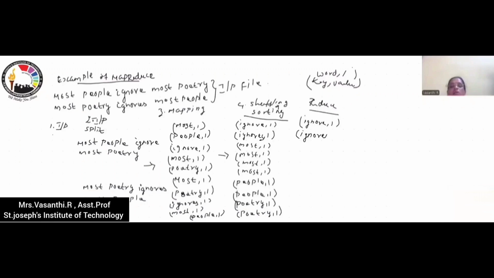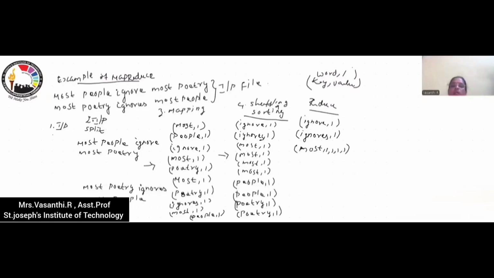Now the word most, how many times does it occur? Four times. So we write most once, with the list of values 1, comma, 1, comma, 1, comma, 1, because it occurs four times.